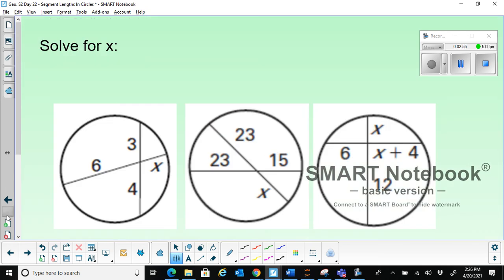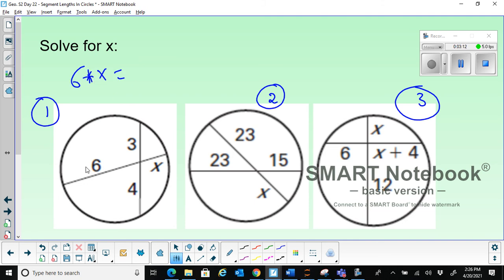To understand this, we will see some more problems. We had seen this in our previous class. In the first problem, I'll do the first one, then I'll give you a chance to work out the second and third. On the first one I have 6 times x, based on the previous theorem, because 6 and x belong to the same chord, equals 3 times 4.